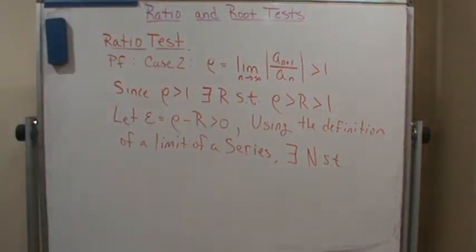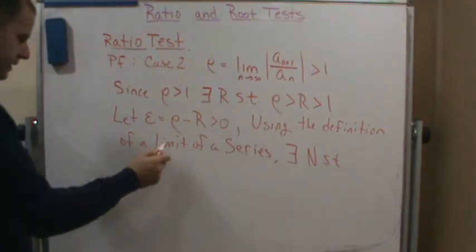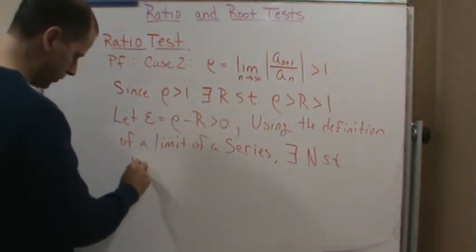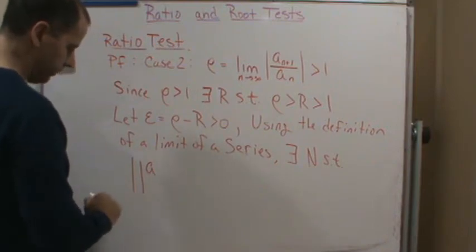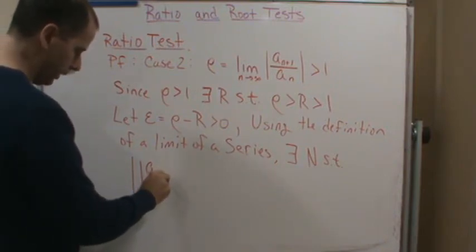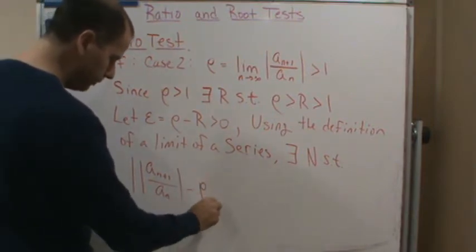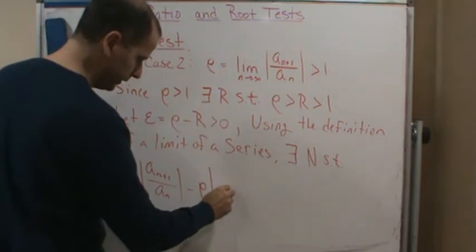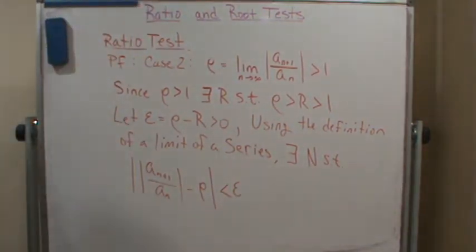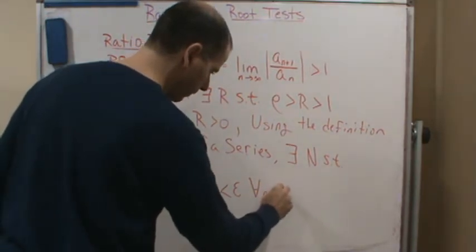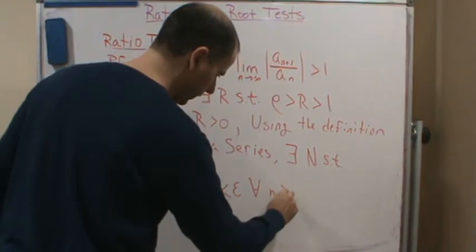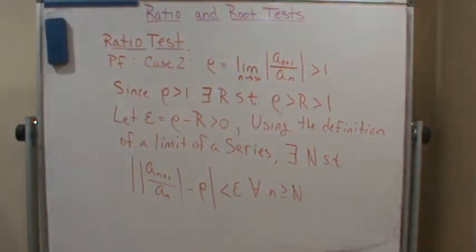Well, what's the definition? The absolute value of the difference between the nth term, so we're going to take the absolute value of a sub n plus 1 over a sub n minus rho. That absolute value has to be less than epsilon for all n greater than or equal to N, right? So that's just using the definition of the limit of a sequence.